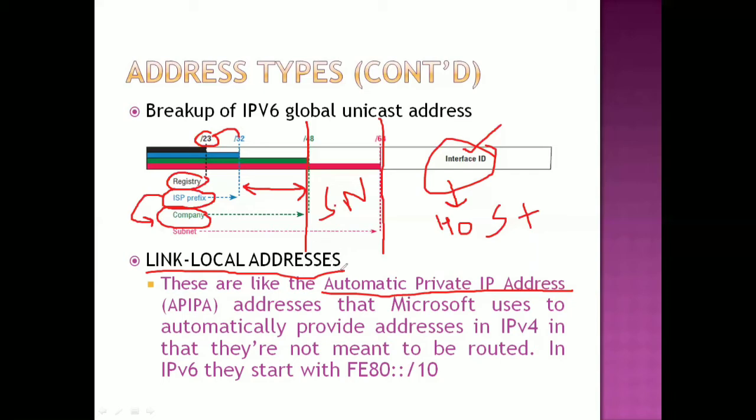Here these APIPA addresses are called the link local addresses. The link local addresses function the same as APIPA, and they start with the range FE80. We can also check what APIPA is using Packet Tracer, to see how a PC assigns itself an IP address from the APIPA range. That is a very simple concept.